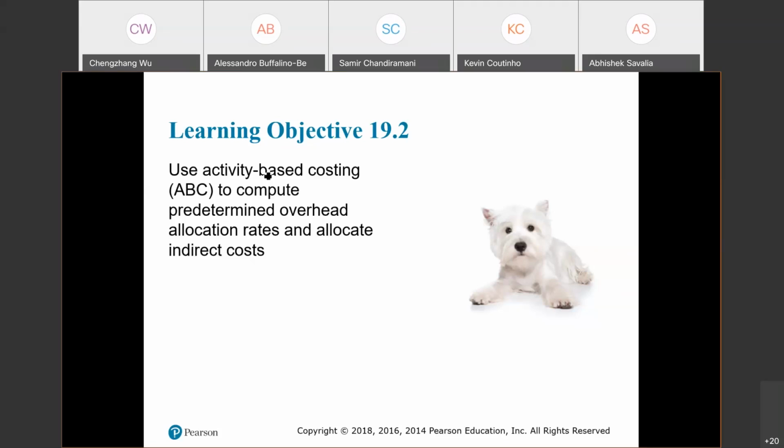But today's business environment involves more complex production process and personalization of products to the customer's specification, which calls for more refined costing system.